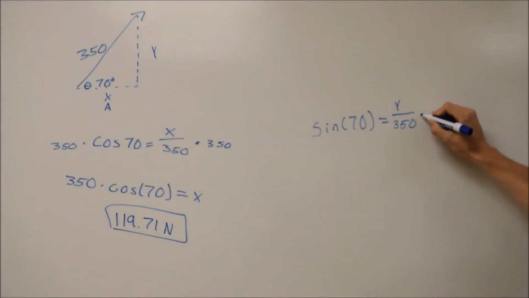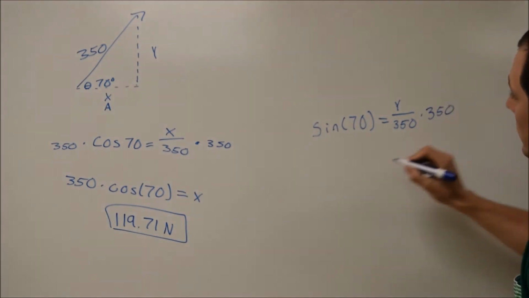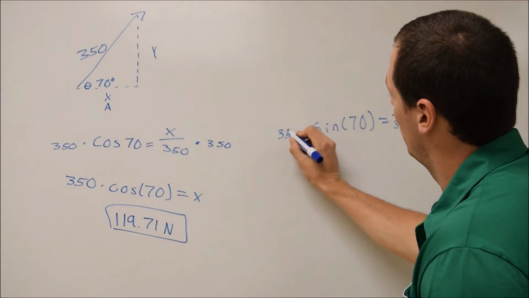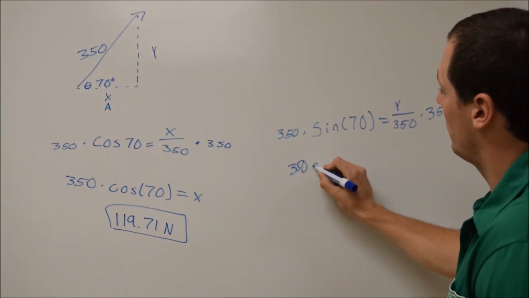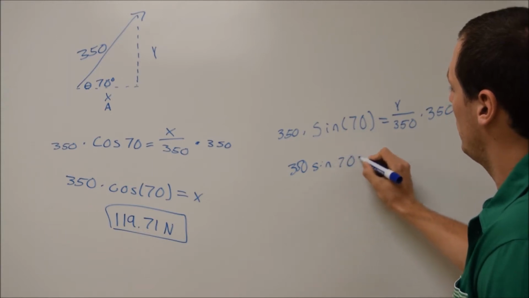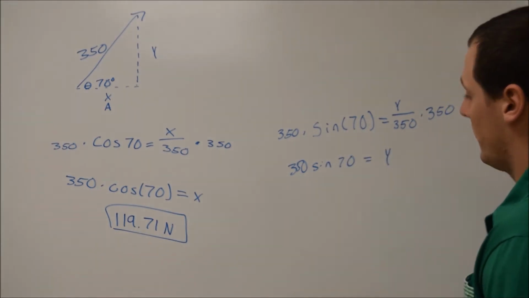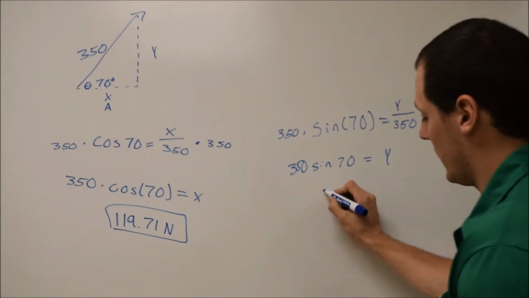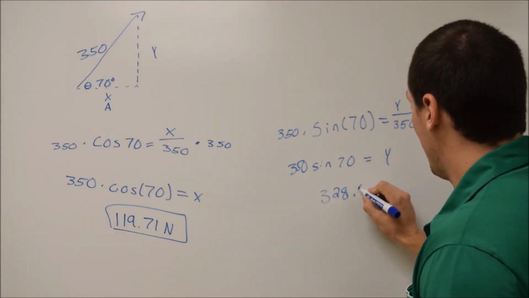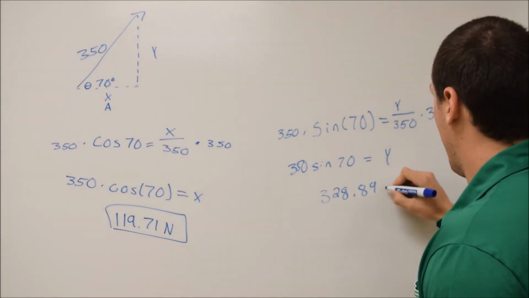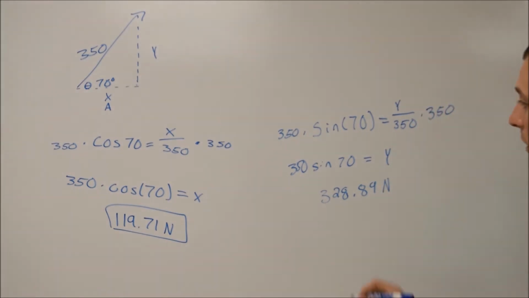So do the same thing, multiply each side by 350, and then we get 350 times the sine of 70 is equal to our y. And when we do that, we'll get 328.89, and then add the units as well.